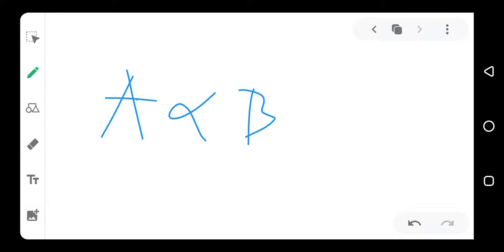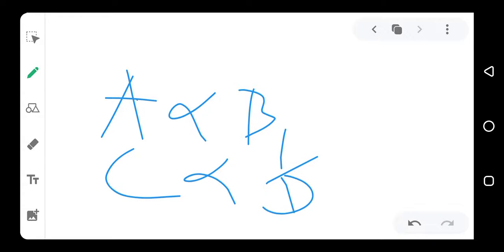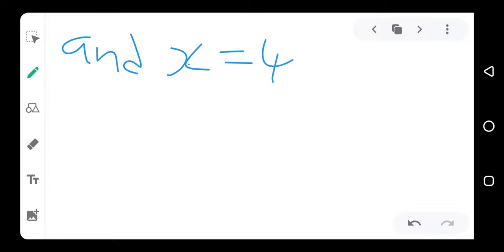We talk about A varies with B, or C varies with D, or X varies with Y. But in this joint variation, we have one quantity varying with two other variables.